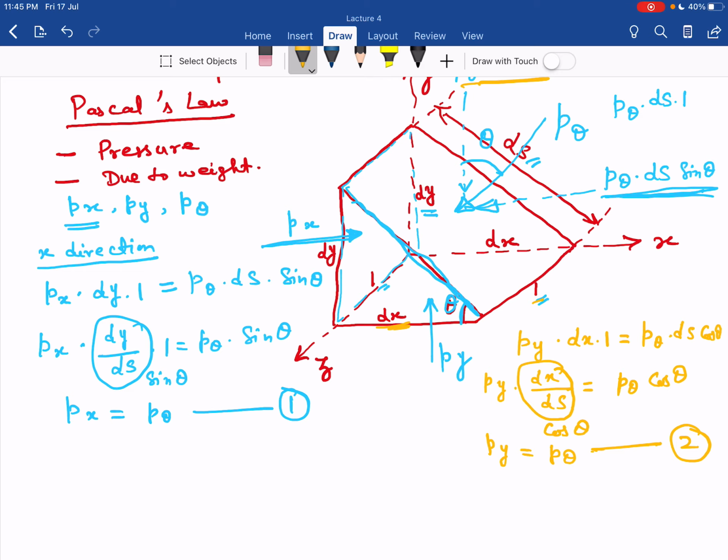So from equation number 1, no, there is one more force, sorry. If we talk about pressure, we have these two components. Now we are left with the weight also.